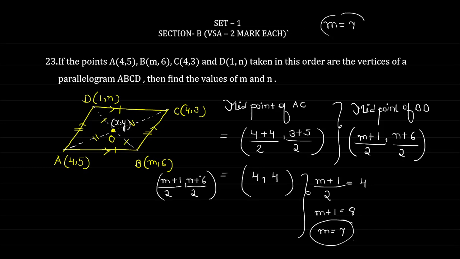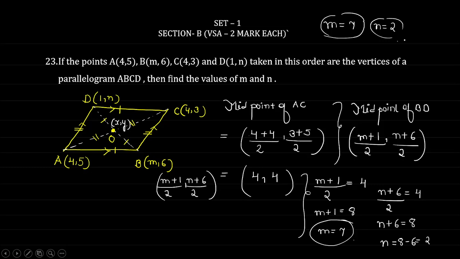We have to calculate the n value in a similar manner. n plus 6 divided by 2 is equal to 4. That is n plus 6 is equal to 8 and n is equal to 8 minus 6, that is equal to 2. The value of n is equal to 2. So 7 and 2, these are the values for m and n respectively.